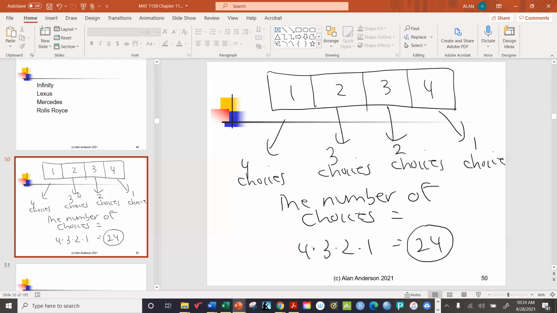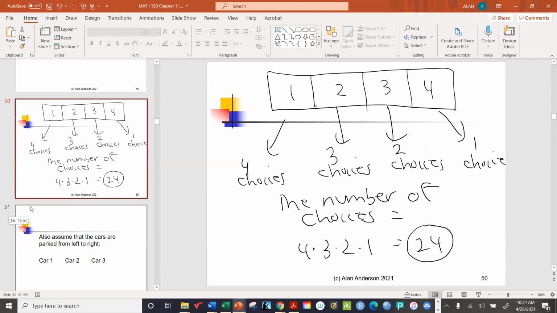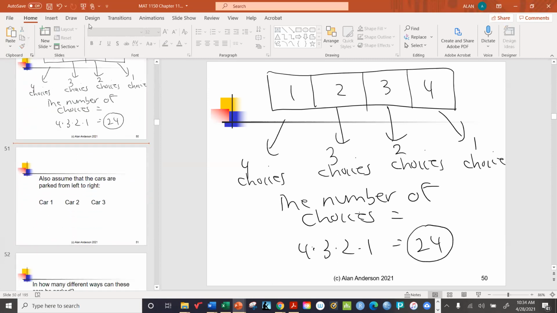Wow. That's a lot of choices. 24 ways. And it's the same thing with your room. If you had 4 posters and room for 4 of them, there'd be 24 different ways of hanging your posters. So you can see that the logic is the same. If I had a 5th car and a 5th garage, I'm sure you could figure out where this is going.